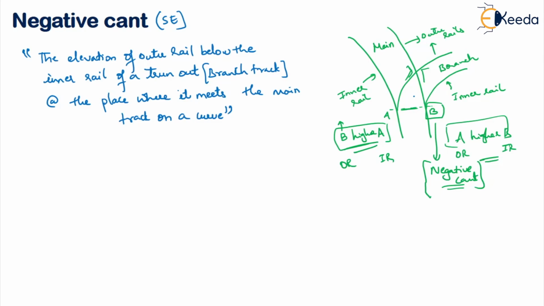This negative super elevation will be equal to what? The maximum cant that you can provide on the main line. Then from that you will find the permissible cant deficiency. You will add that to it and you get the maximum cant that is permitted on the main line. So this is the procedure you follow if you want to find the speed restrictions on the main and the branch track. Anyways, we will see problems related to this in the coming classes.